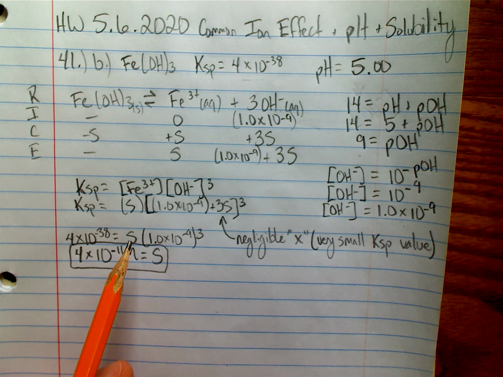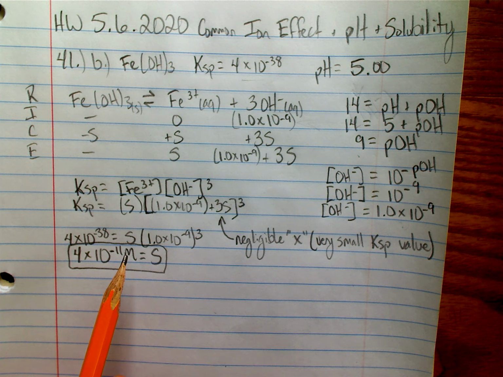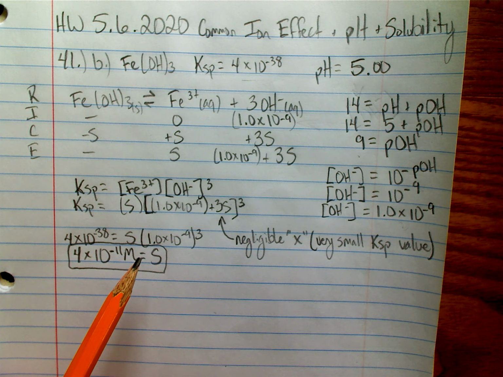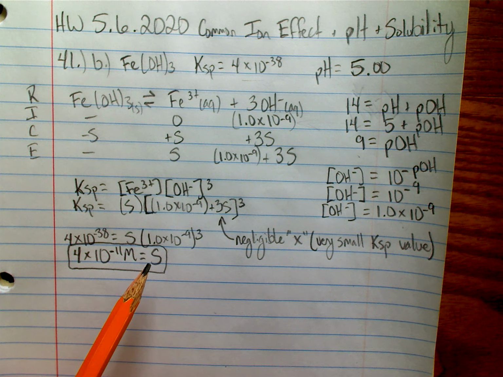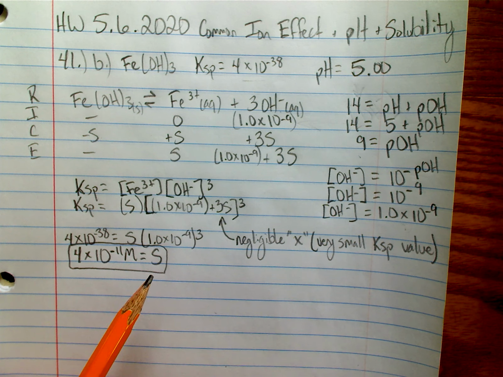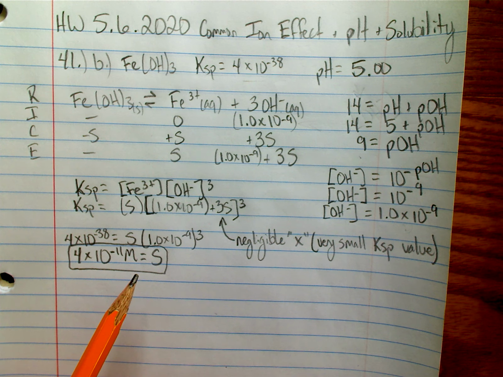All we have to do is solve for S, which is the molar solubility, in which case you get 4 times 10 to the negative 11 moles per liter of iron hydroxide dissolved in a solution that is pH buffered at a pH of 5. And that's how you do this one. Then 41C is similar, you just have a higher pH, so we follow the same strategy. Thanks, guys.